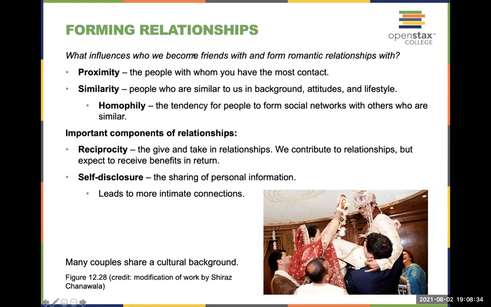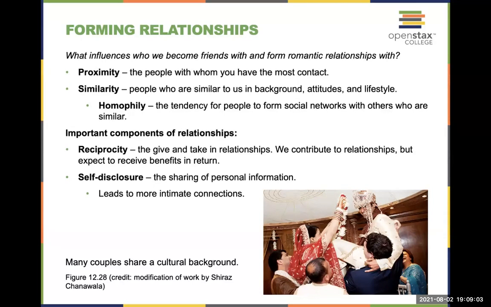So what is it that happens when we're forming relationships? What is the influence of that? Who am I going to be romantic with? Who am I going to be friends with, right? There are a couple of theories around that. One is proximity. That tends to be the people that you have the most contact with is who you're going to form some kind of relationship with, whether it be romantic or friendship, right?